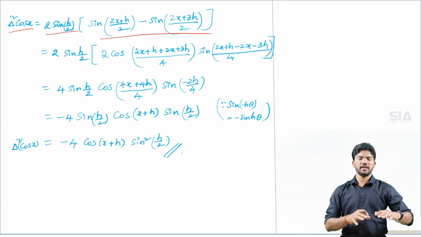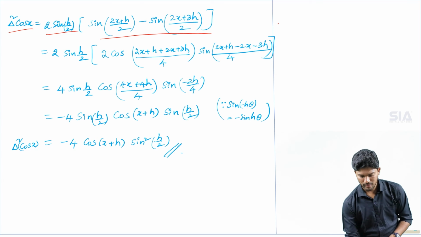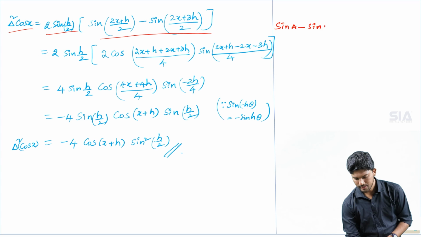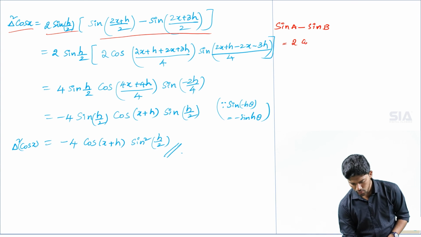Again after taking the common, in the bracket you again have a formula. That formula is sin a minus sin b, which equals 2 into cos (a plus b) by 2 into sin (a minus b) by 2. This is the formula.